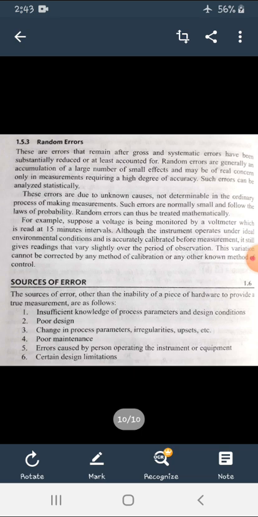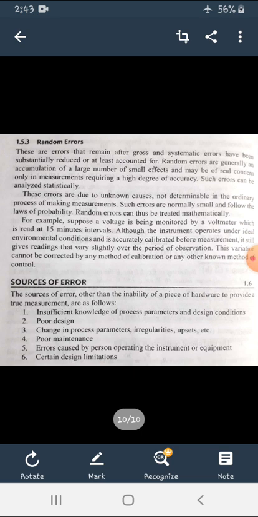So the error which is very important to reduce, and the process to eliminate the errors, you have to know. You have to carefully manage the measurement.